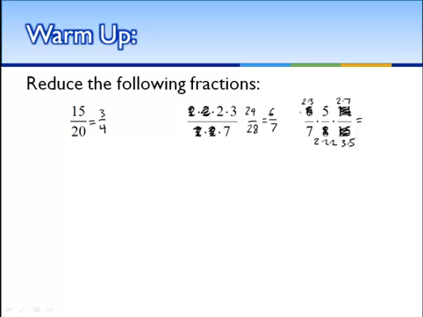And if I start crossing out factors that I see on top and bottom, 2, and I'll cross out a 2 over here, and here's another factor of 2, and another factor of 2 can get canceled out, a 3, and a 3, and I see a 5, and a 5 can be canceled out, and in fact a 7, and a 7 can get canceled out.